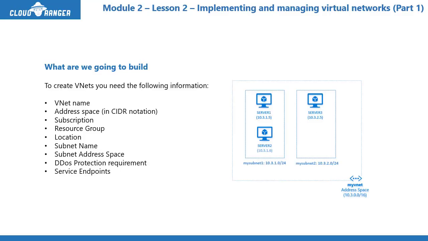This is where the network security groups come in, right? You would put a network security group over here, you'd put a network security group over here, and you would control the flow between these two subnets, which ports you allow, which ports you don't allow, all happening through the network security groups. And that will be part of our next lesson, which is quite a bit on how you do that.